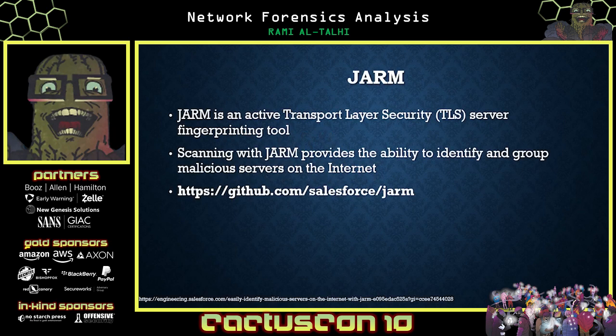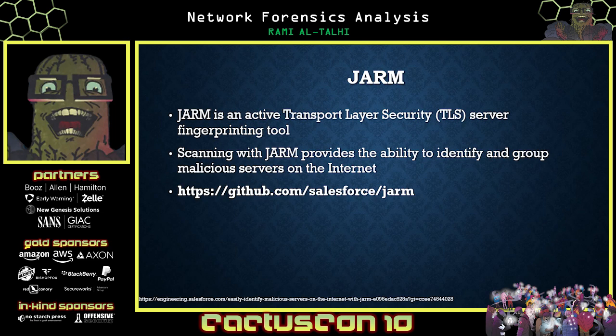So JARM is actually an active Transport Layer Security (TLS) server fingerprint tool. It is active, so you need to interact actively with the server to collect these JARM fingerprints. Scanning with JARM provides the ability to identify and find malicious servers on the internet.